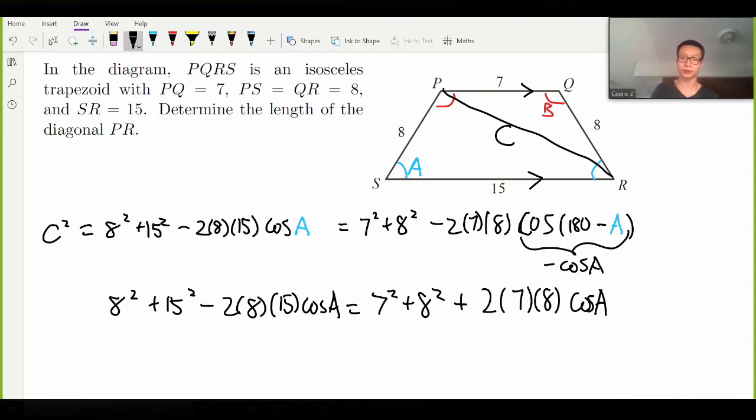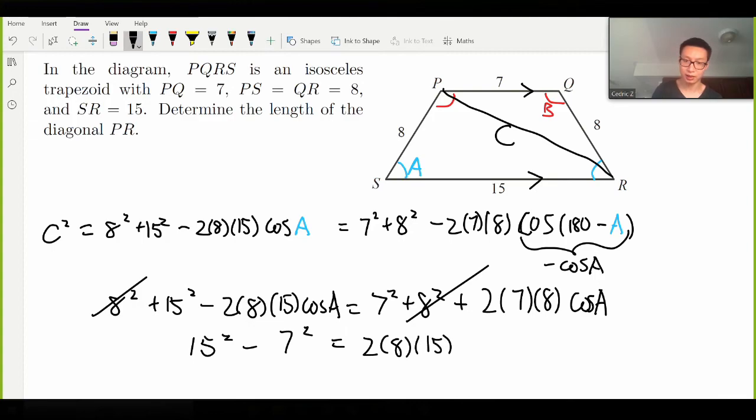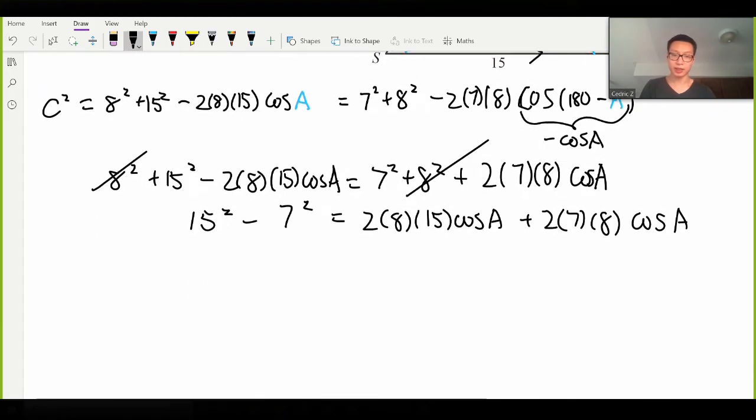Then we can start solving for cosine A. Let's cross out the redundant constants: 8 squared and 8 squared cancel out. I'm going to collect all the constants on the left, so 15 squared minus 7 squared, and take all the cosine terms to the right: 2 times 8 times 15 cos A plus 2 times 7 times 8 cos A.